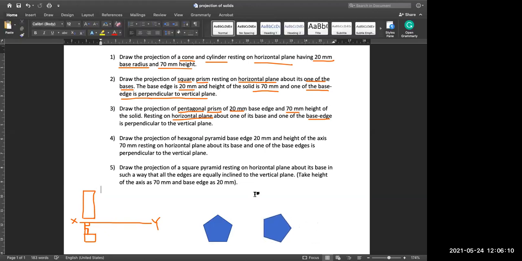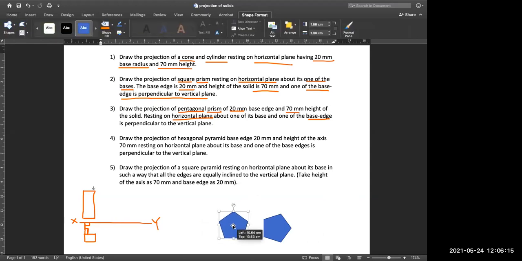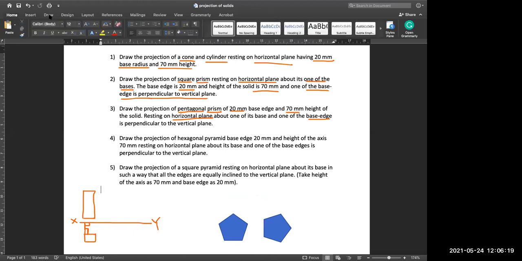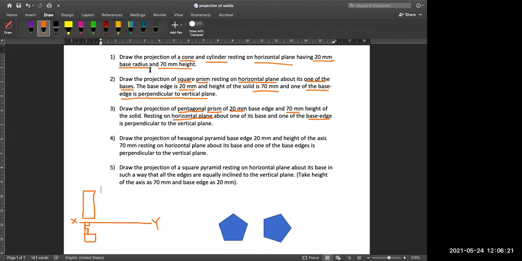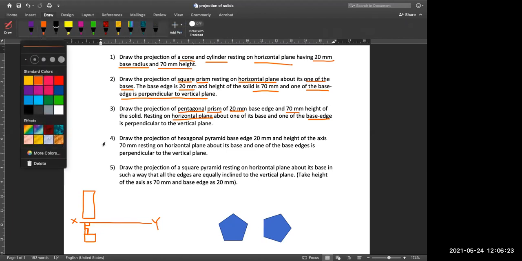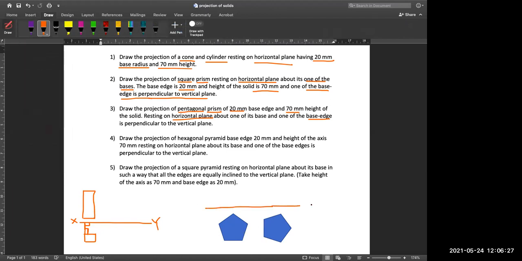Suppose this is a prism, so in your top view you will see this component like this. Now I will draw the xy line, that is your reference line. So in top view, there can be two orientations in which this pentagon can lie.